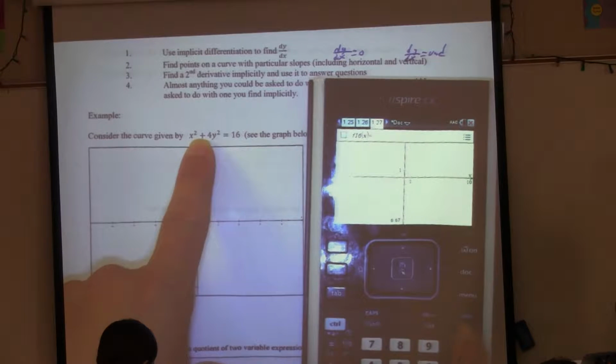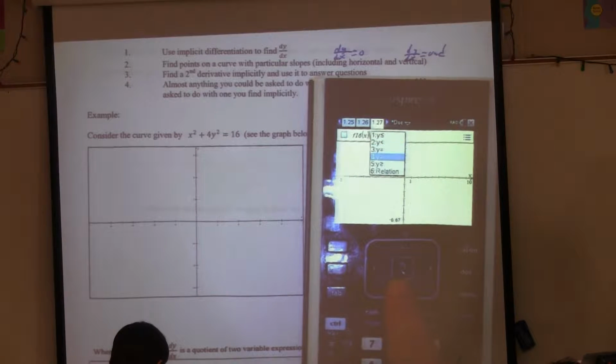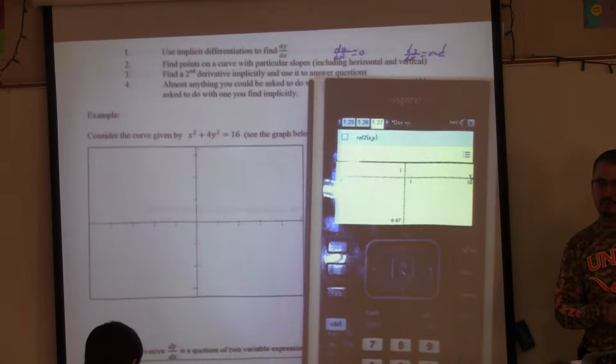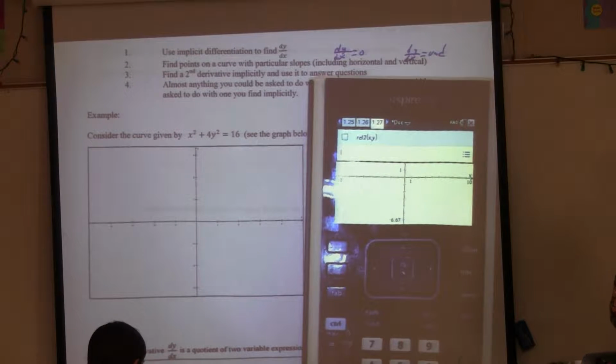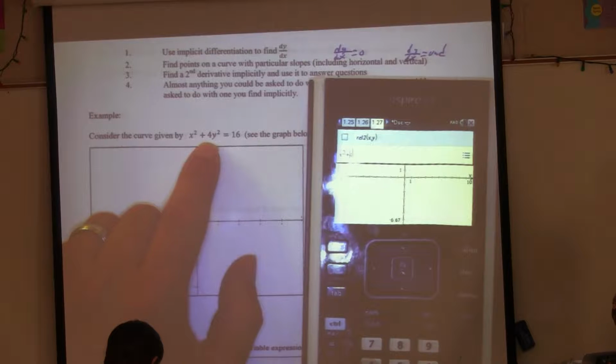Yes, all you have to do is press delete to take off the equals, and then you go all the way down to where it says relation. Okay, so we're going to enter a relation. We're not entering a function anymore, because this will not be the graph of a function. So put in x squared plus 4y squared equals 16.